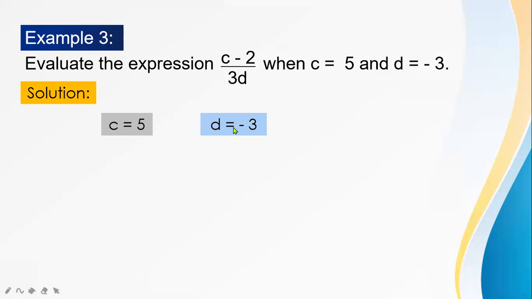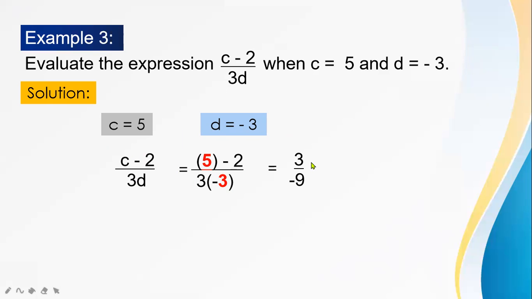So again, d equals to negative 3. Then, so this will be your expression, c minus 2 over 3d. And therefore, change c to positive 5 and then d to negative 3. And then after that, simplify. So 5 minus 2, then 3 times negative 3.